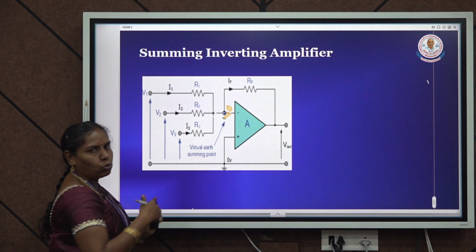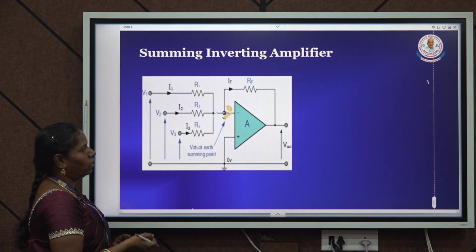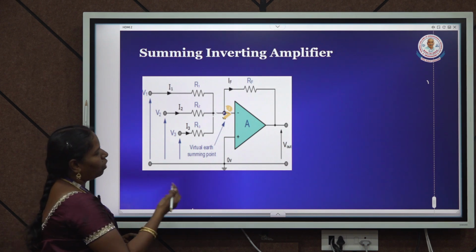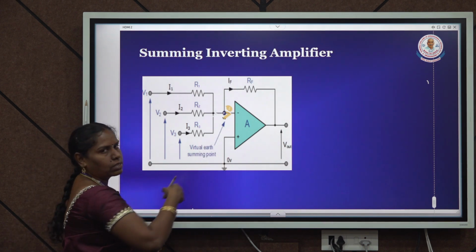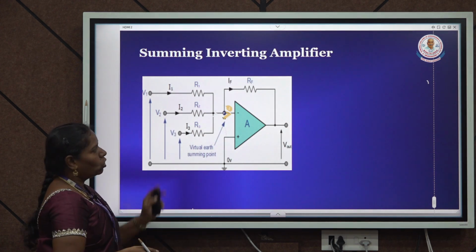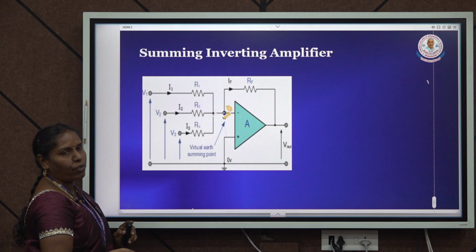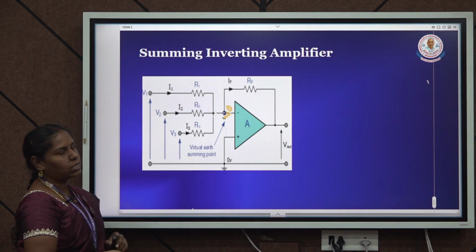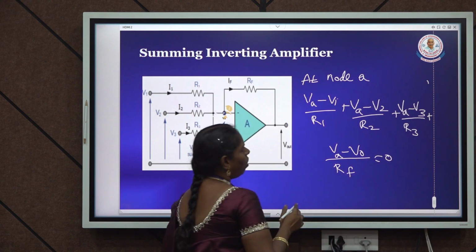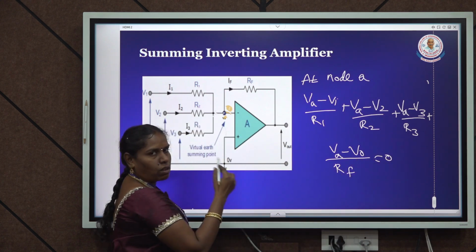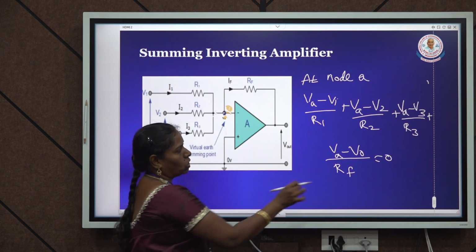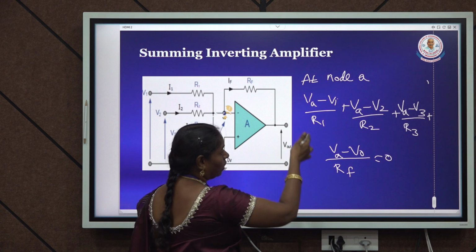So, by using the Kirchhoff current law nodal equations, we are going to write the equations, and again we have to use the operational amplifier's second golden rule, that the voltage across the operational amplifier is 0. By that we are going to find the gain factor as well as the output voltage equation. By applying the KCL law, the sum of the currents entering the node and leaving the node is equal to 0.